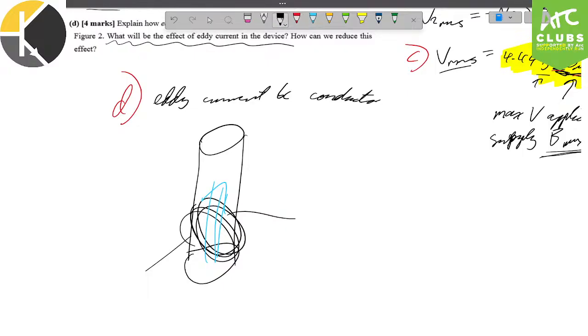Something that I know from the postulates: you get your integral of a line B dot dl gives mu I enclosed.